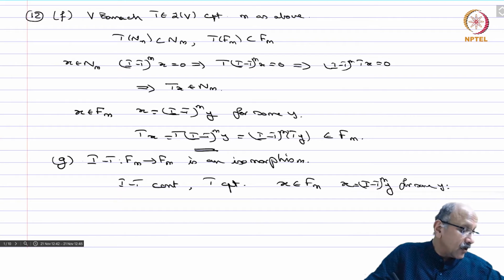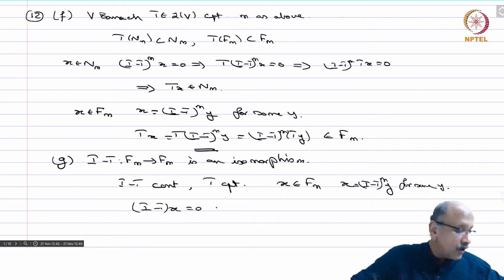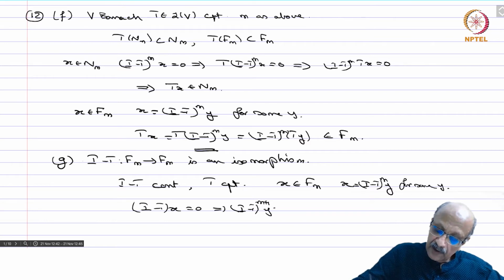Okay, so (I minus T)x equal to 0 implies that (I minus T)^(M+1) y equal to 0. So that means y belongs to N_(M+1), which is the same as N_M.